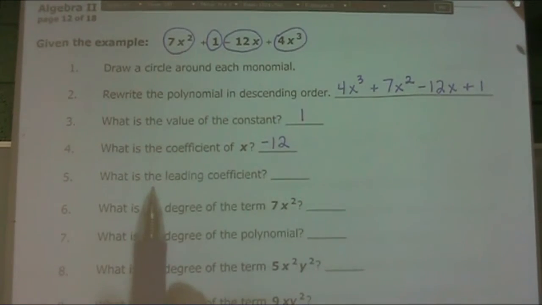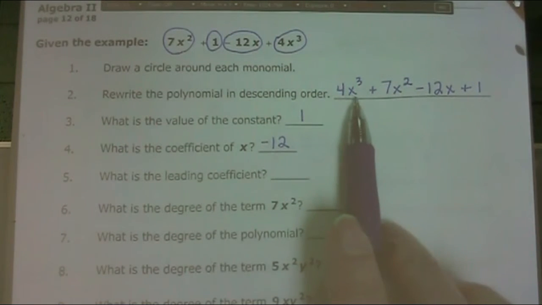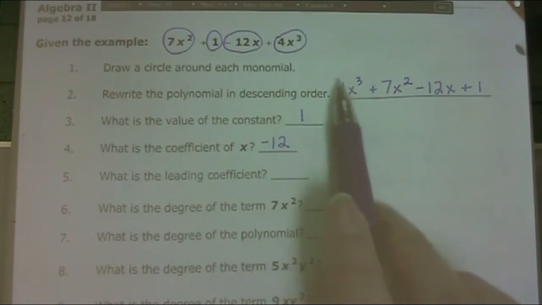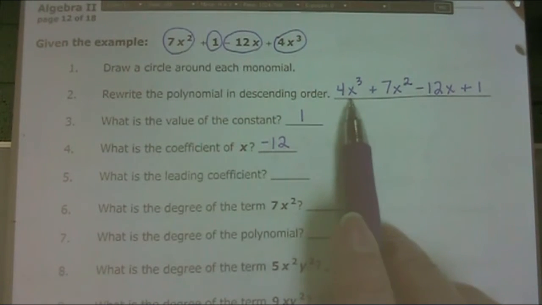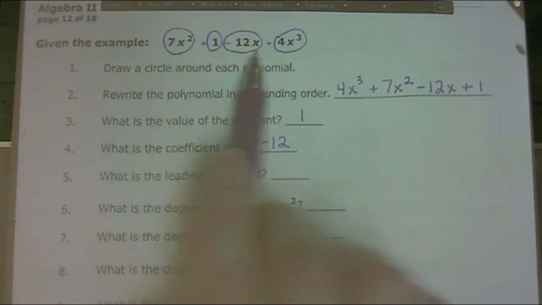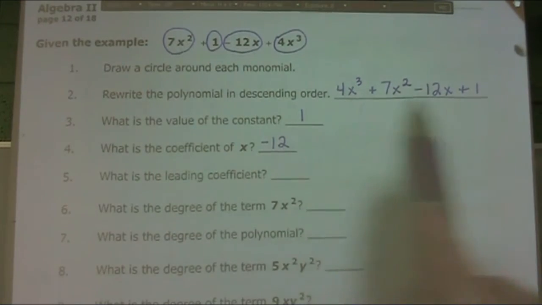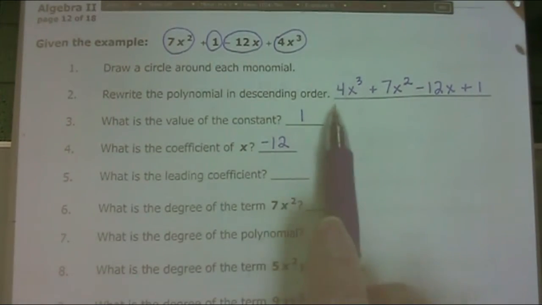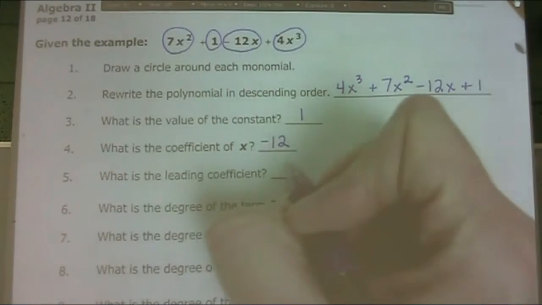What is the leading coefficient? Let's go to our polynomial written in descending order. The leading coefficient is that coefficient of the term with the highest degree. So it would be the 4. It's not the 7 because this is not in descending order. Put it in descending order and then it's the coefficient of the first term.